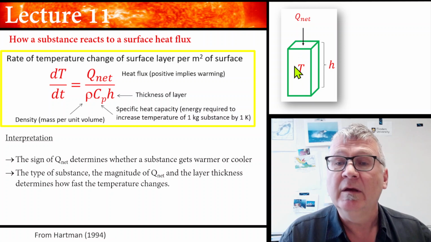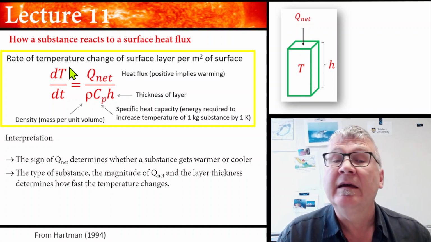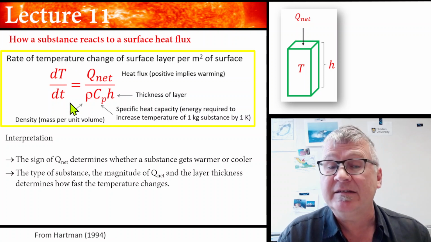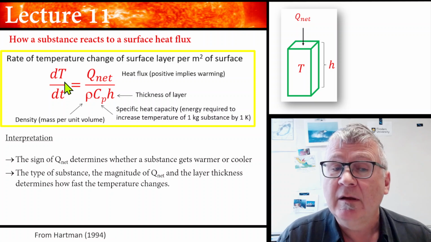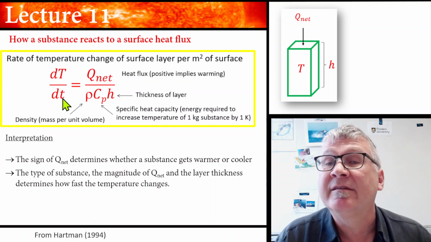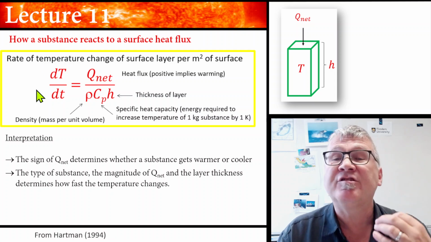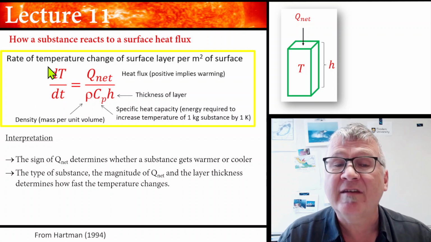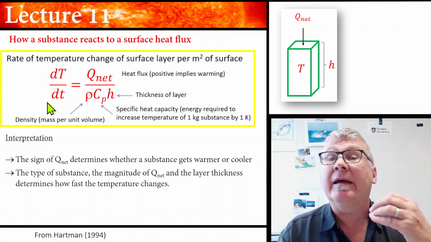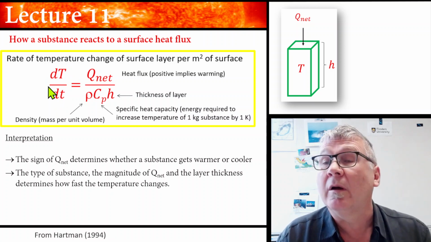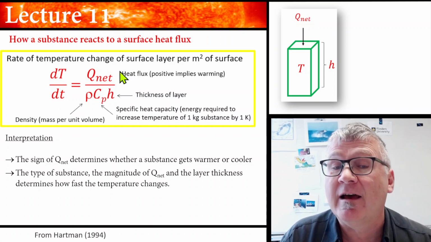What's written here is dT, the change of the capital T, which is temperature, and this lowercase t is time. So what it means here is the change with time is a consequence of what's written on the right-hand side. And here you can see the surface heat flux.